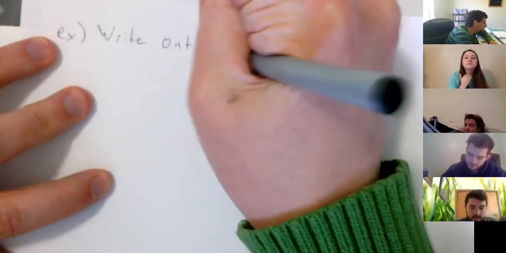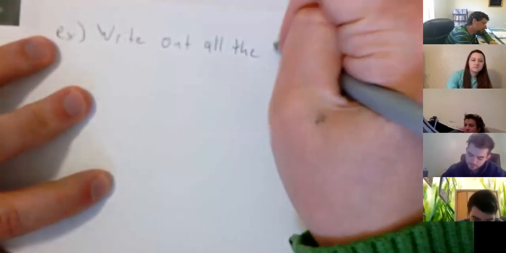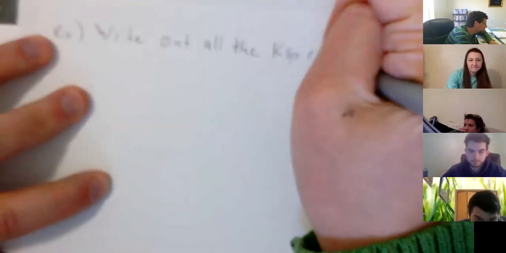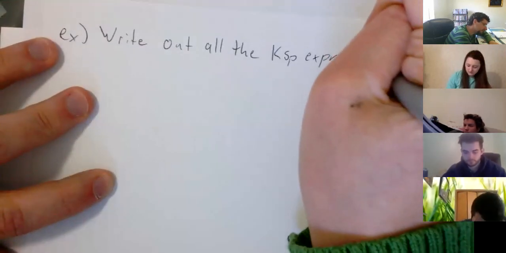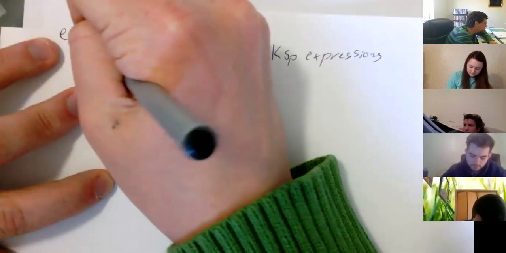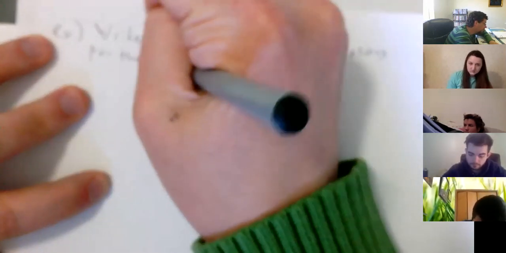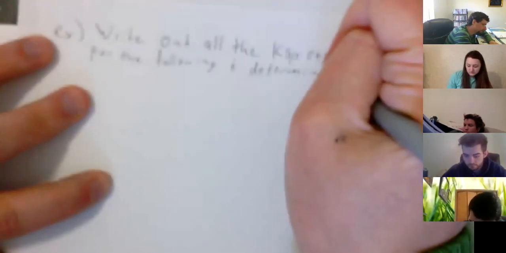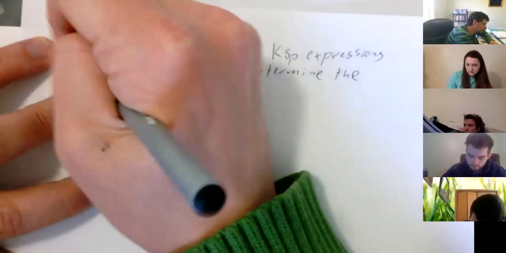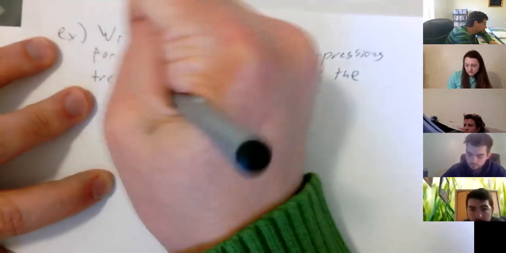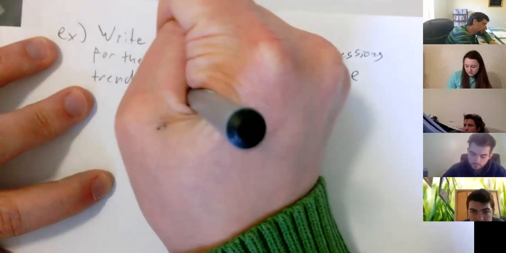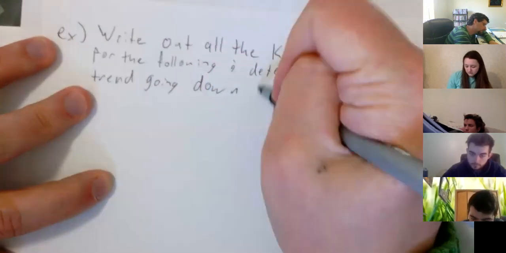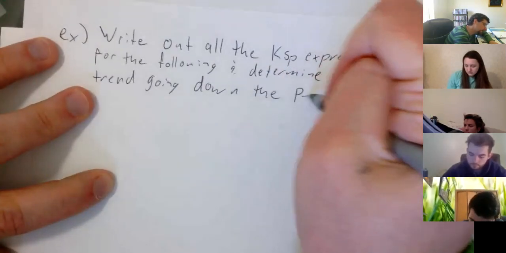Write out all the KSP expressions for the following and determine the trend going down the periodic table.